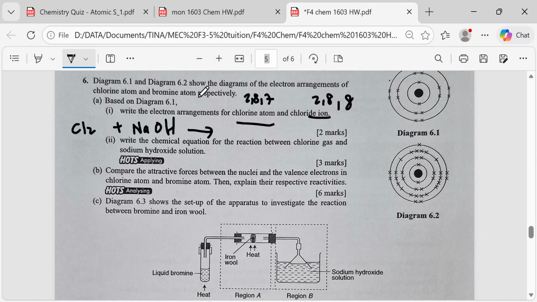Okay, this is not an alkali. It's not alkali, it's not acid, it's chlorine gas. But chlorine gas can dissolve in water to form acidic. Okay, so what we do is it forms sodium chlorate and water. Can you balance this equation?